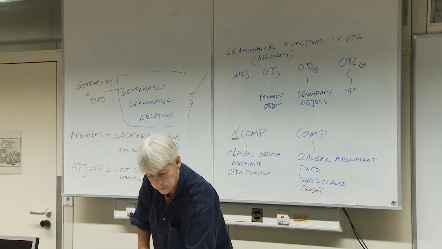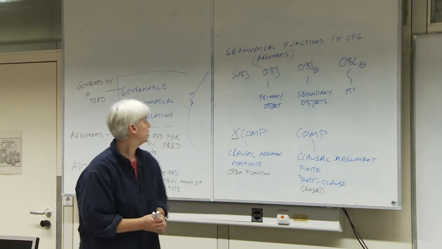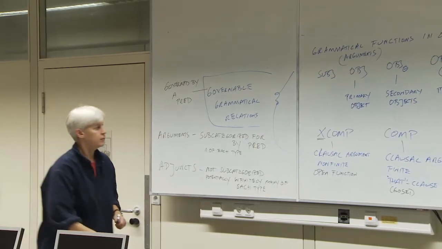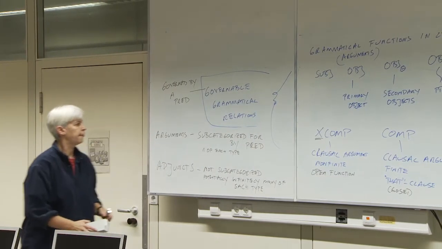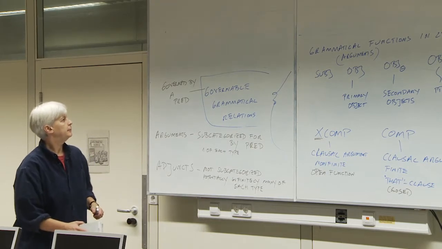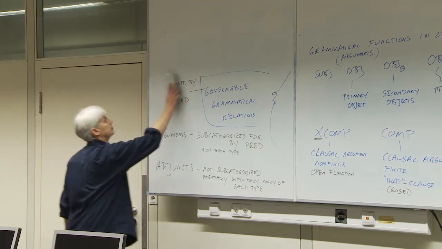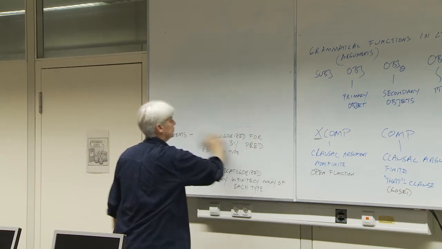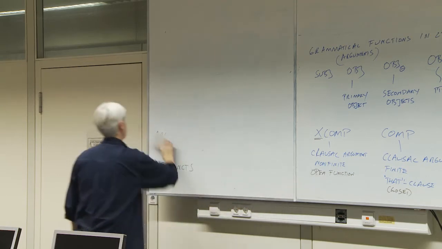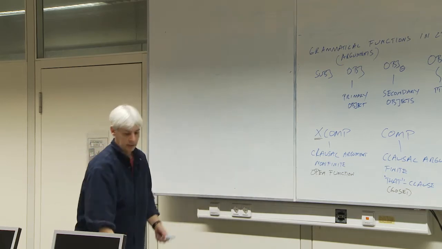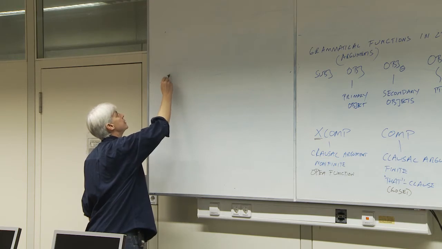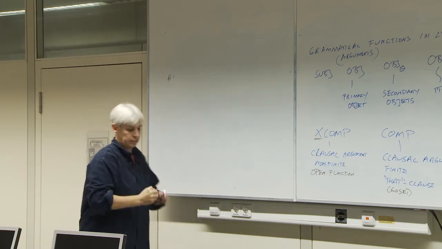Okay, then there's a few things that one needs to go through. So we have arguments versus adjuncts. For the adjuncts, we also have grammatical functions. Let's put it in blue.